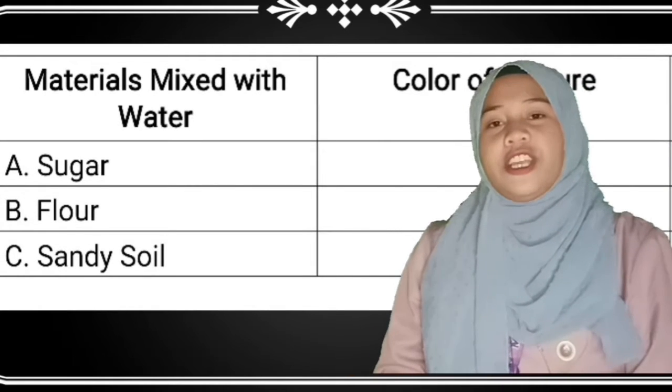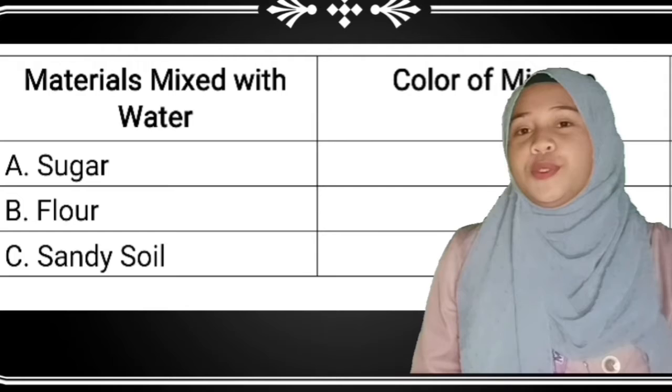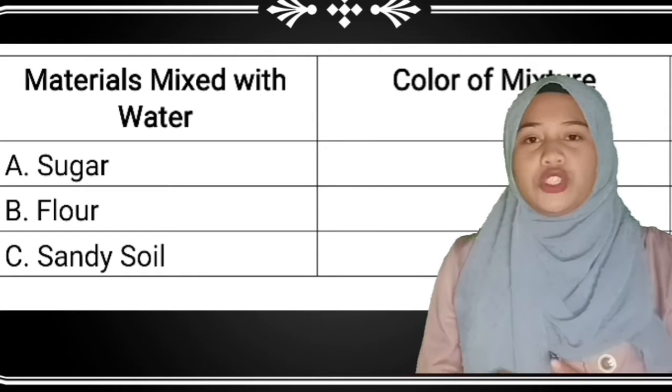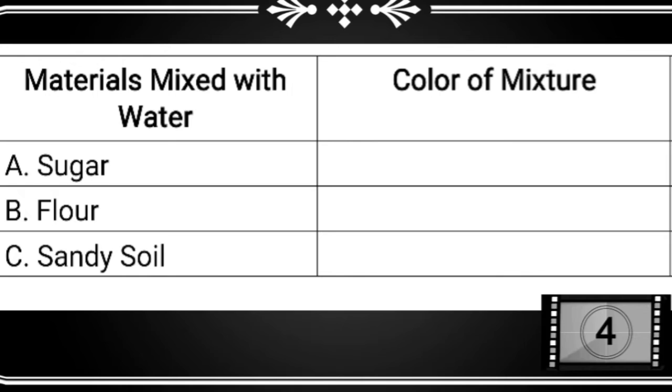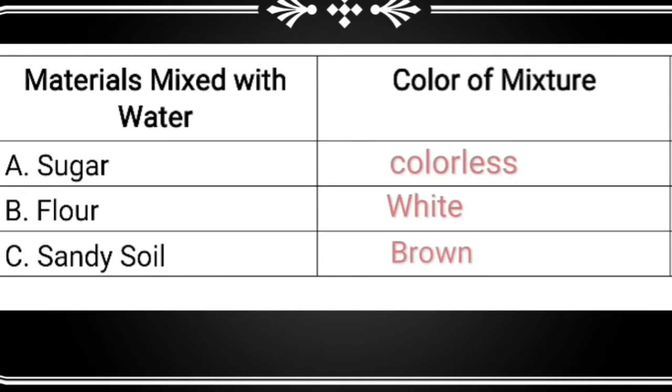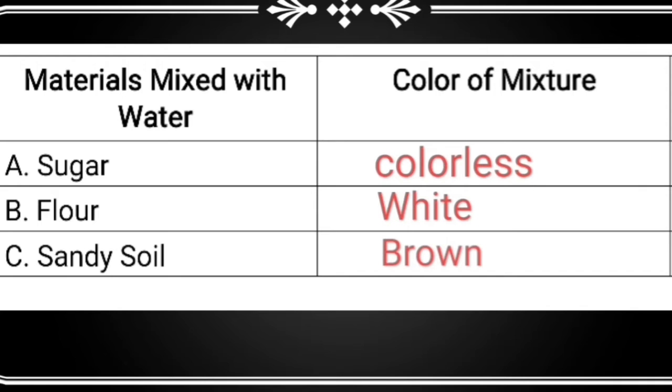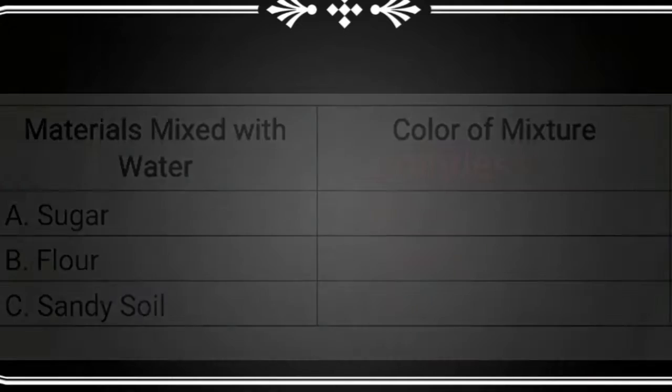Here is the result of our mixtures. After the activity letter A, you're going to record all your observations in the bags. If your answers are colorless, white, brown, you've got the correct answer.